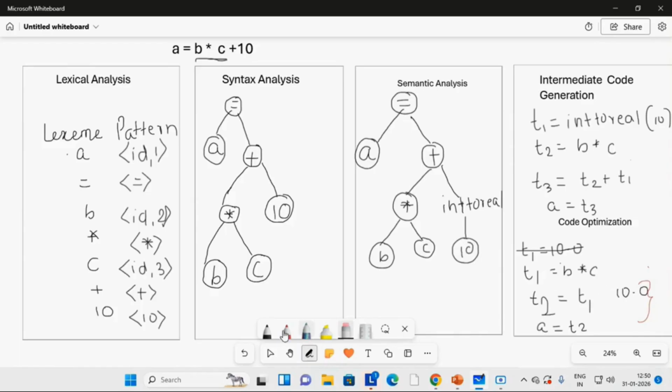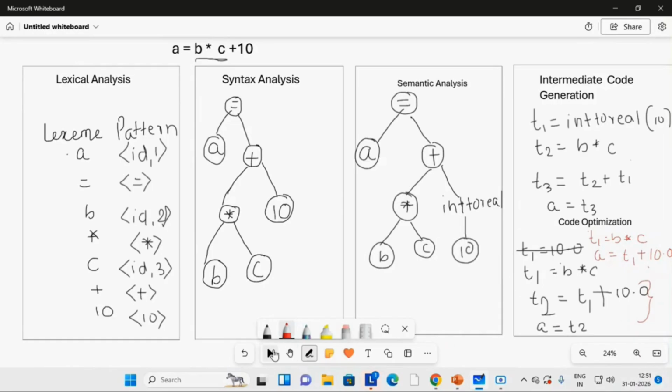I'm sorry, because of lack of space I was not able to write. So T1 is equal to B into C and A is equal to T1 plus 10.0. The code written in red is my final optimized code.